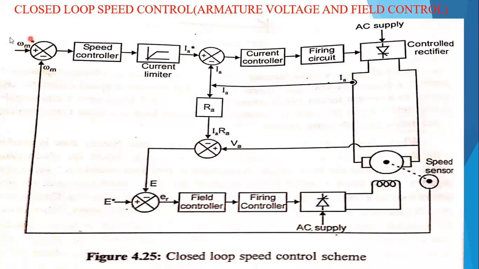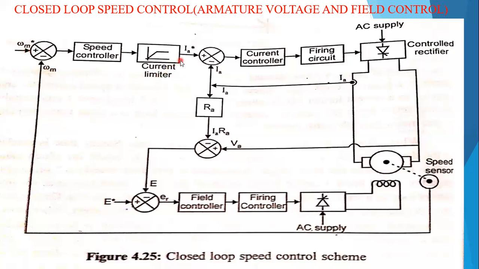Because of the difference between these two, the current limiter saturates, and IA star is set to 0 for negative speed error. That means the reference speed is less than the actual speed.